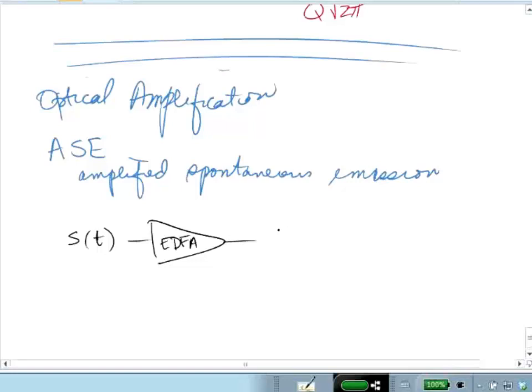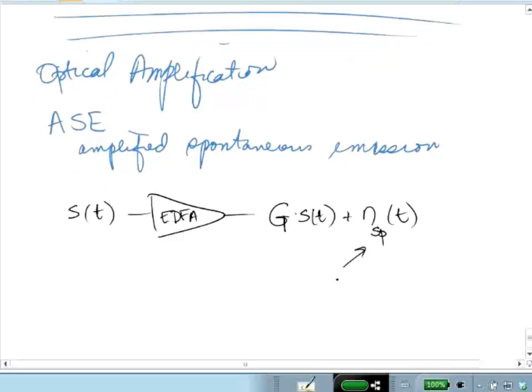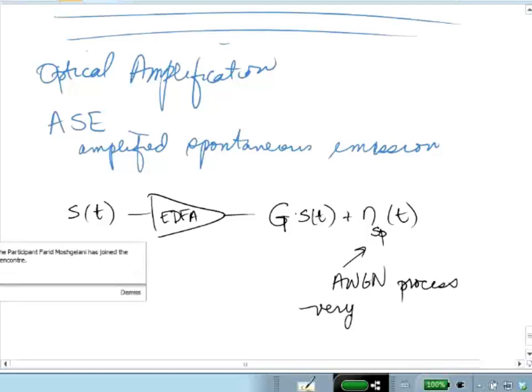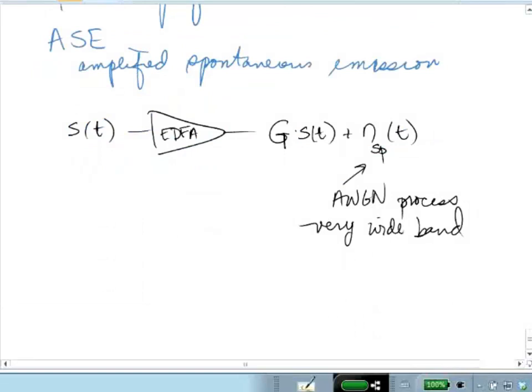What comes out is G, the gain, times the input signal, plus a noise process, an additive white Gaussian noise process. Very wide band. And the noise process will be much, much wider band than the signal process.